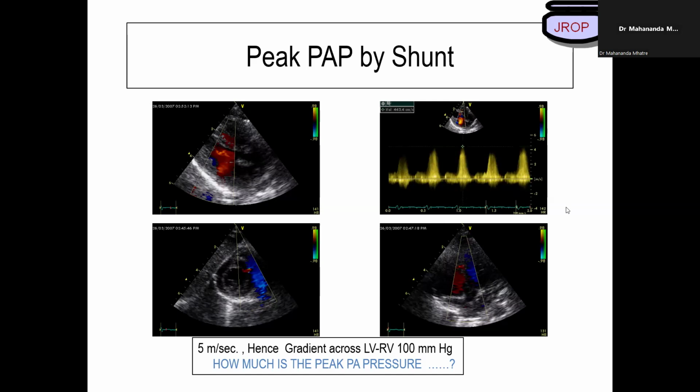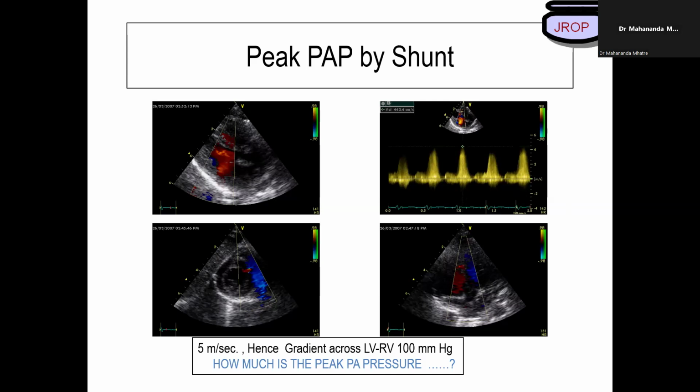And if I have to derive a TR gradient of 25, the velocity should be 2.5 meters per second. 2.5 into 2.5, 6.25, multiplied by 4 would be 25. So 30 millimeters of mercury pressure means my TR velocity is only 2.5.